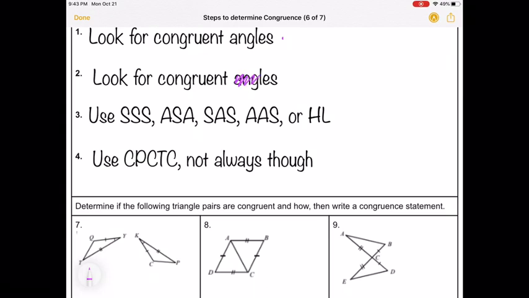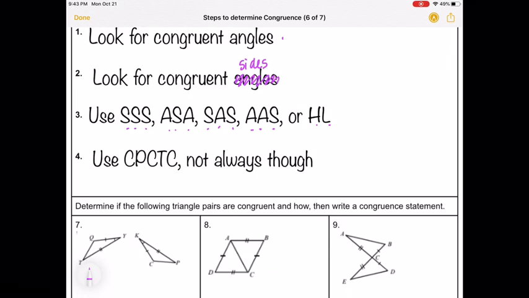I believe this should say look for congruent sides. Make that say sides. Use side, side, side, angle, side, angle, side, angle, side, angle, angle, side, or hypotenuse leg congruence. So that's what we just looked at.